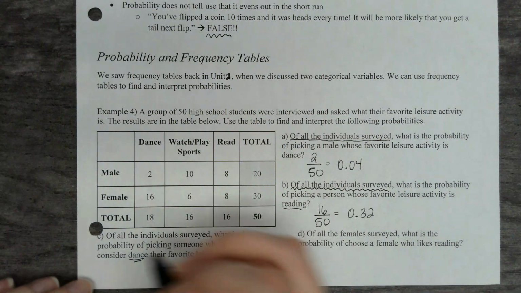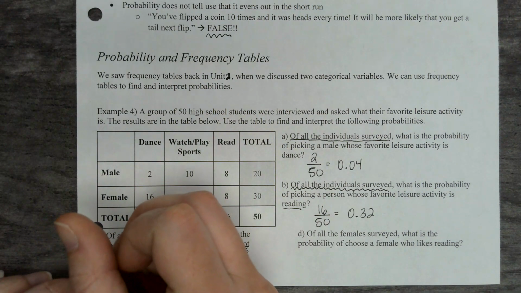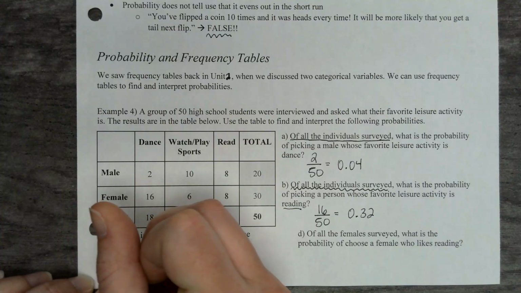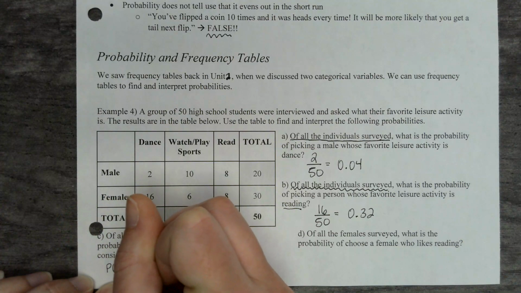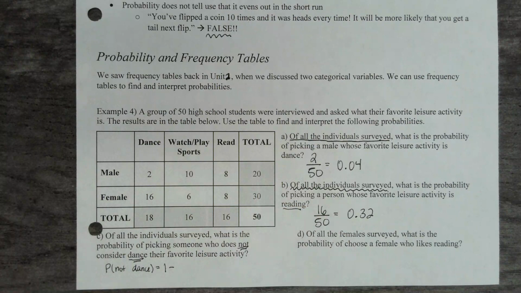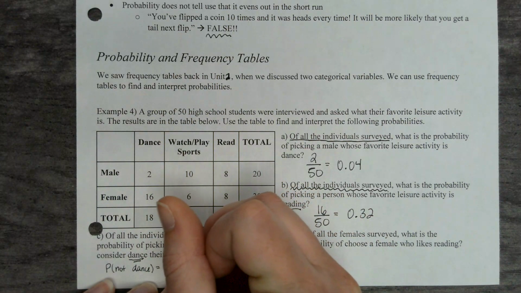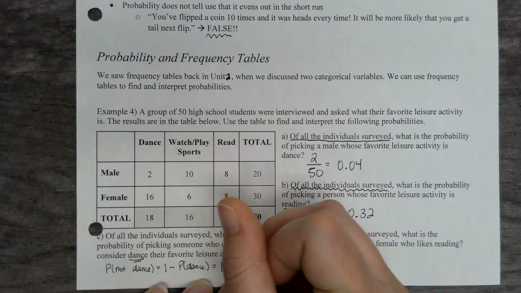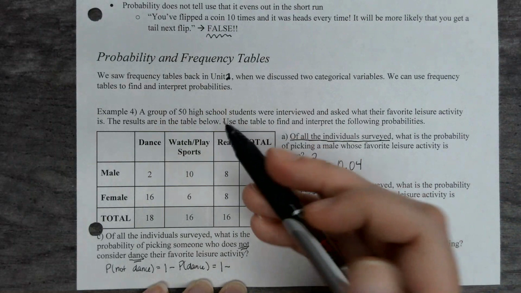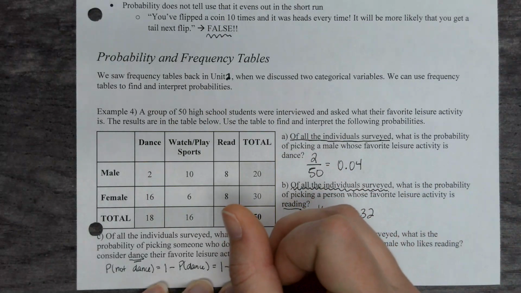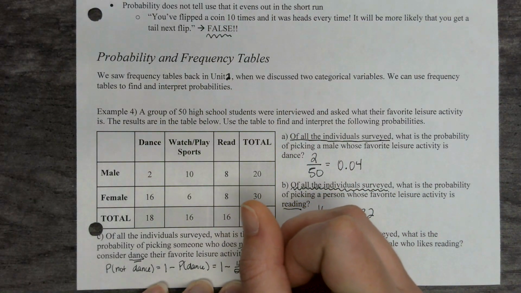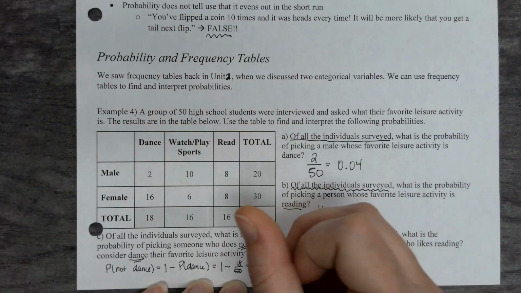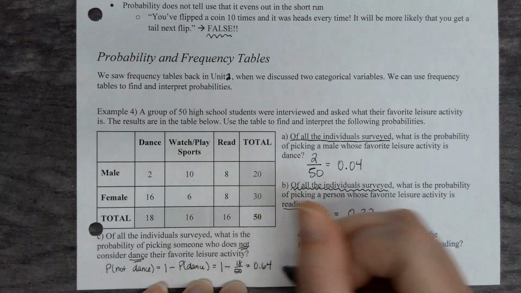Well, the probability of not dance is equal to 1 minus, so think of it the opposite way, the probability that dance is their favorite leisurely activity. So I take 1 minus the probability of dancing, which is 18 out of 50. Take 1 minus 18 out of 50 in my calculator and you get 0.64.